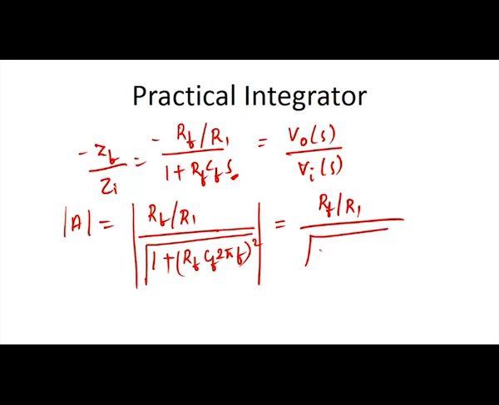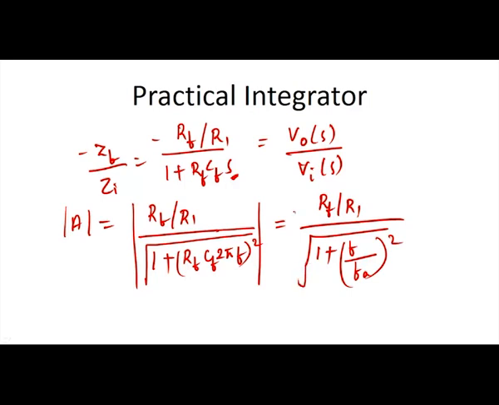You will be getting 1 plus, keeping f as such, that is the frequency of the input signal, f divided by 1 plus, this term RF CF 2 pi can be treated as 1 by fa, the whole square.